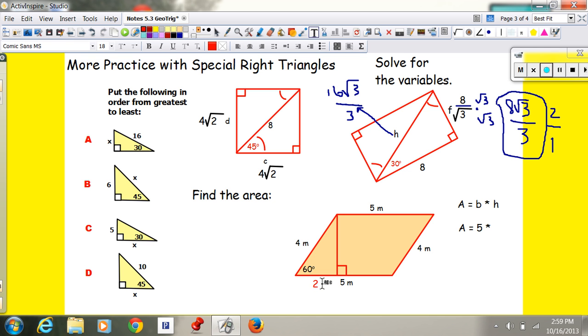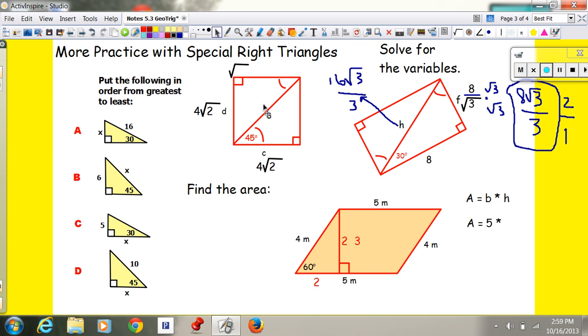That's 2 right here because half of the hypotenuse is the short leg. Take the 2 and multiply it by radical 3 and you'll get your longer leg. So anytime you have a short leg in the 30, 60, 90, multiply it by radical 3 and you get your long leg. So that's just 2 radical 3.